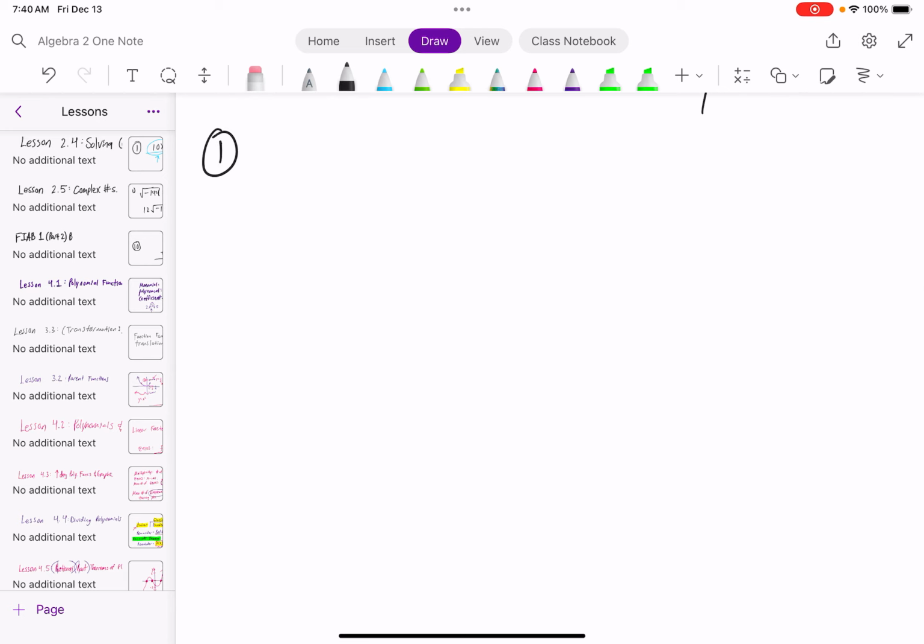All right, number 1. Number 1 says, find the vertical asymptote. Now, to find the vertical asymptote, we must ask ourselves, what can this function approach but not be?